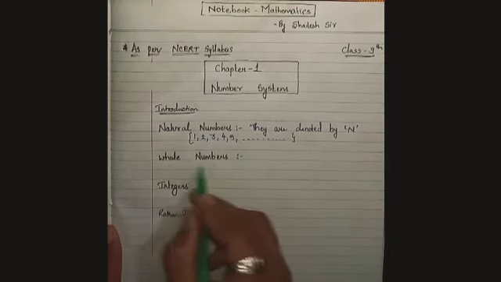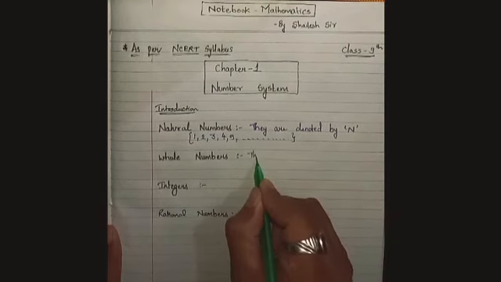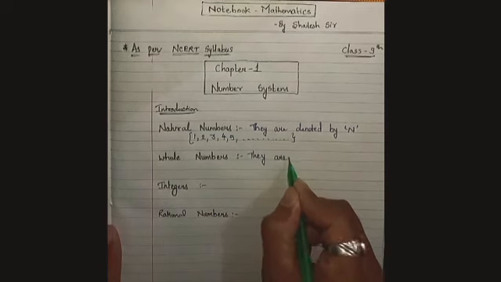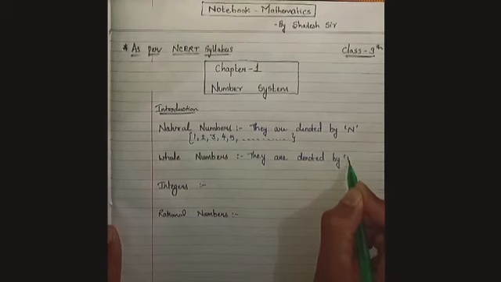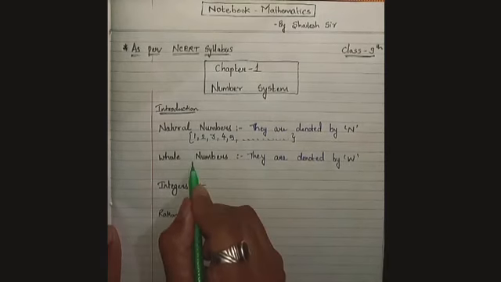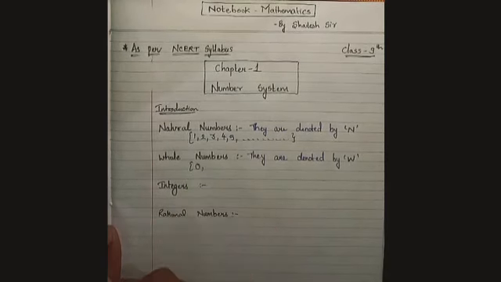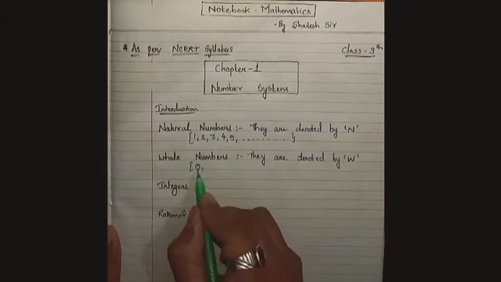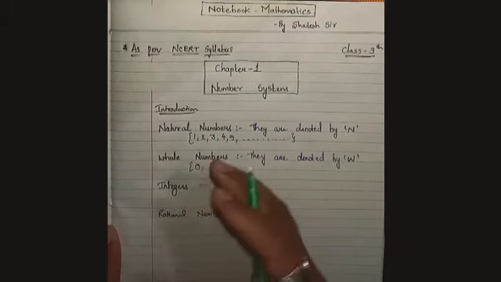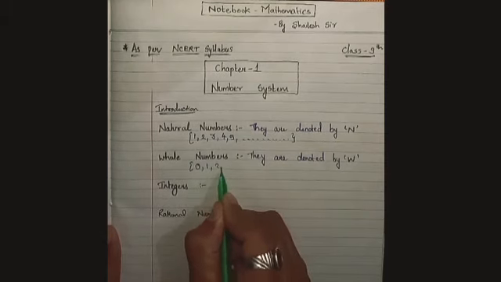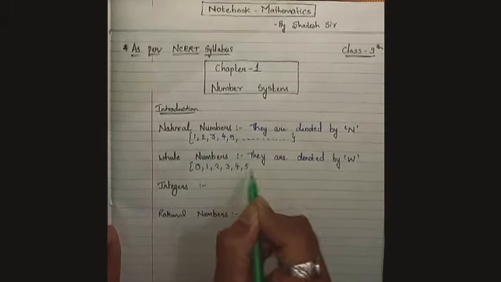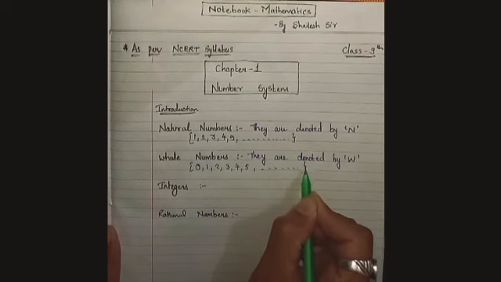Now if I talk about whole numbers, they are denoted by W, and they start from 0, and except 0 all other whole numbers are natural numbers. So 0, 1, 2, 3, 4, 5 and so on.